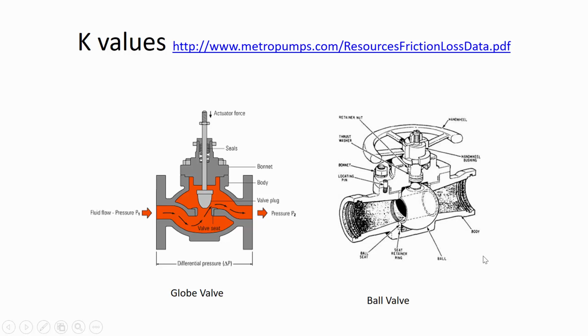Okay, I like this illustration of a globe valve because it gives you a better sense of the path that water particles are taking to get through it. The water enters the inlet side of the valve, and it has to go down before it takes a sharp turn upward, going around this plug, and the diameter of that plug is quite a lot smaller.